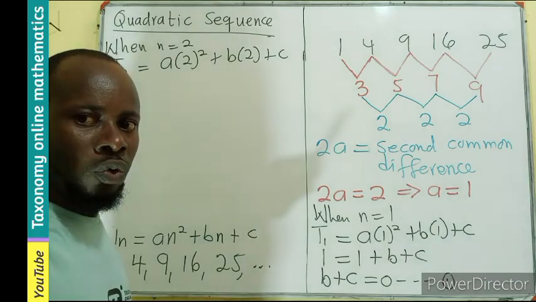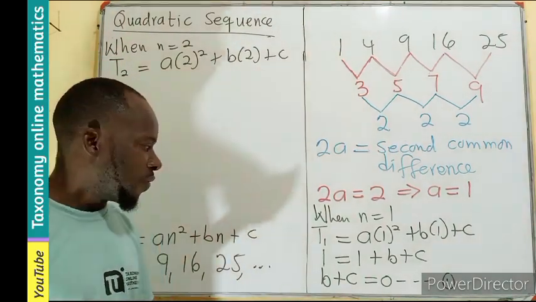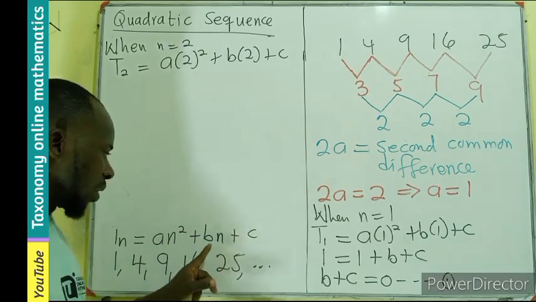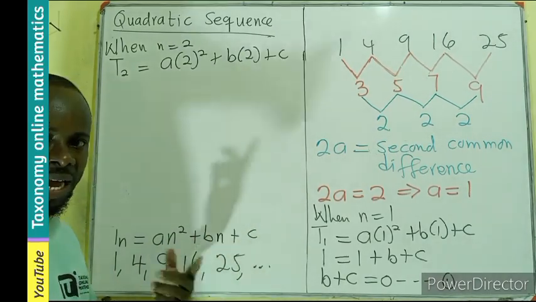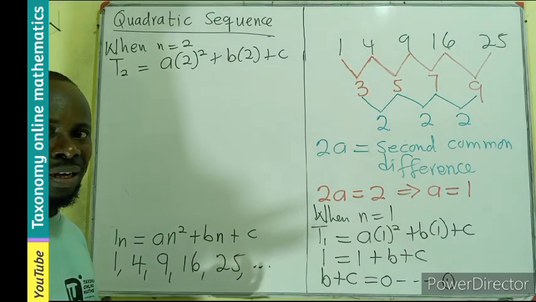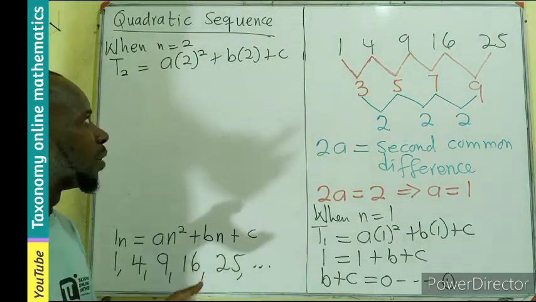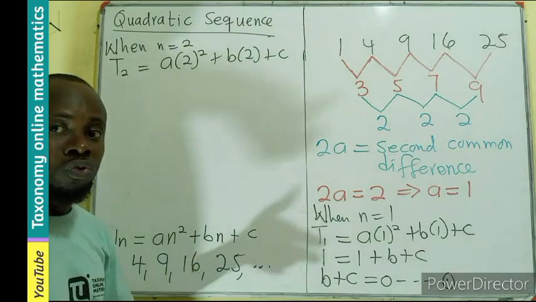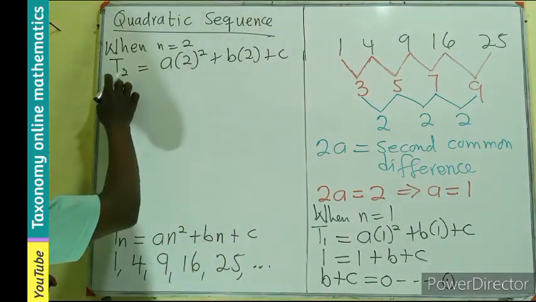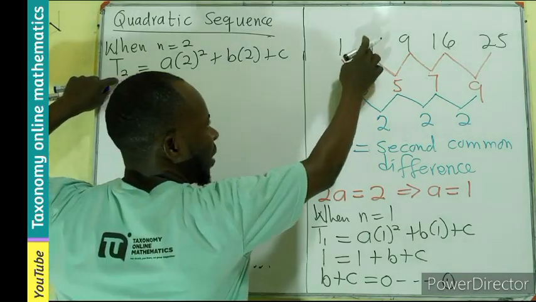You can see that your first term is always going to be a plus b plus c in addition, because n is going to be 1. Your second term will always be 4a plus 2b plus c. You can make that a general term, not to be writing n equals 2, n equals 1. Alright. So I believe this is going to be the second term of the sequence.